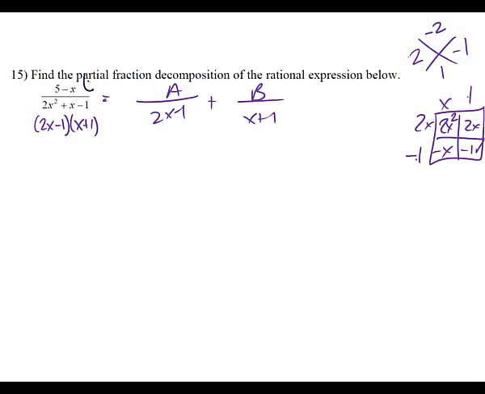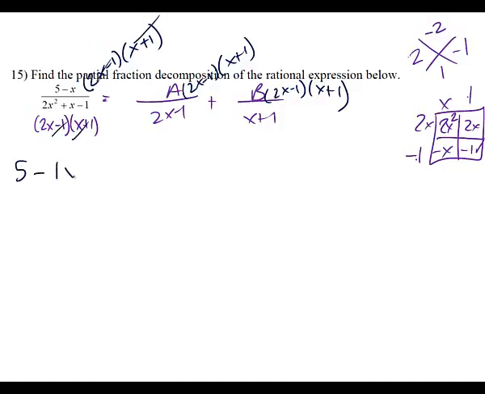All right, then we multiply everything by the least common denominator, right? 2x minus 1, x plus 1. 2x minus 1, x plus 1. All right, in the first thing, as planned, everything cancels, and I'm writing down 5 minus 1x.